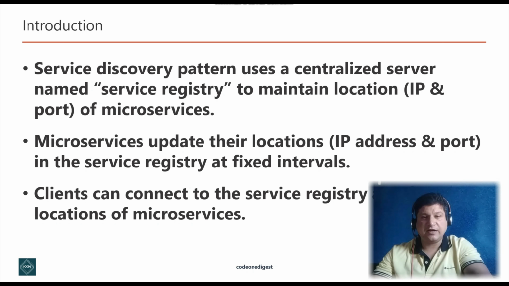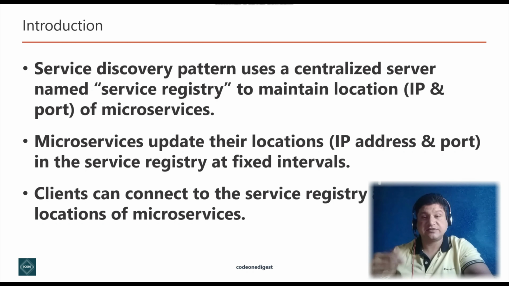Why is it important? Because in microservice architecture, we normally deploy our services into Docker containers managed by some orchestrator framework like Kubernetes, etc. It tends to change the IP addresses of microservices because we keep creating and destroying the microservice instances in Docker containers.